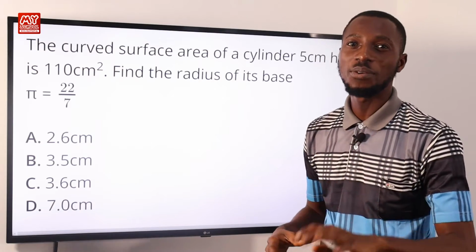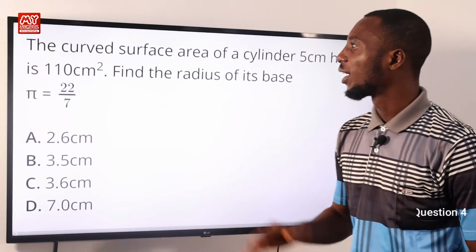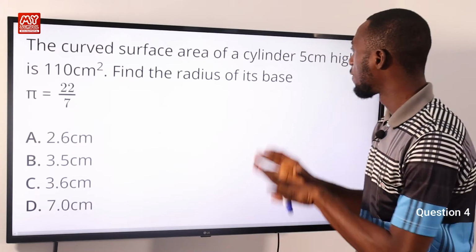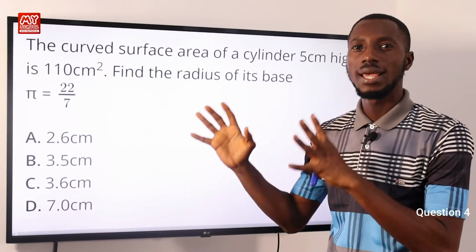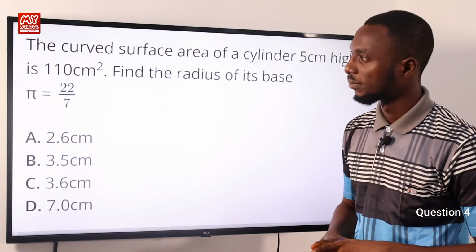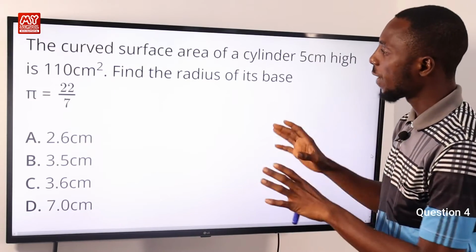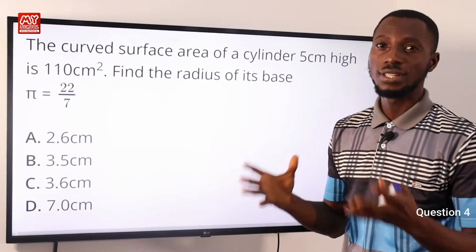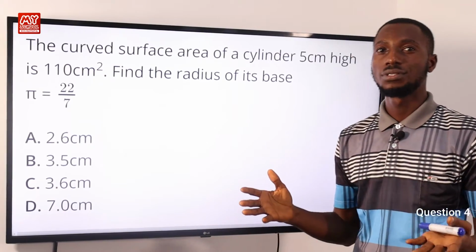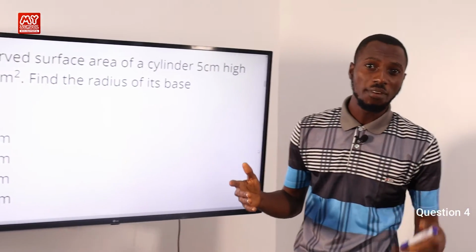So join me as we tackle question 4. The curved surface area of a cylinder 5 centimeter high is 110 centimeters squared. Find the radius of its base given pi as 22 over 7. So you just have to recall the formula for curved surface area.